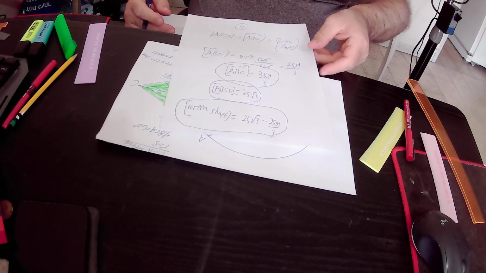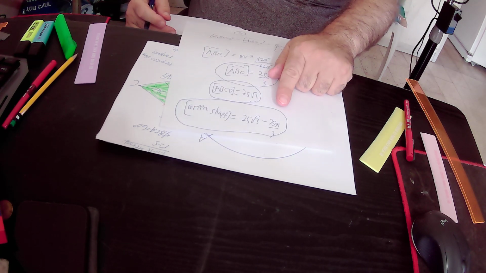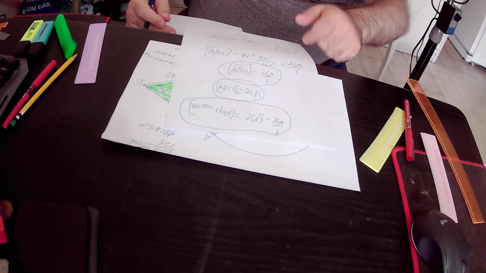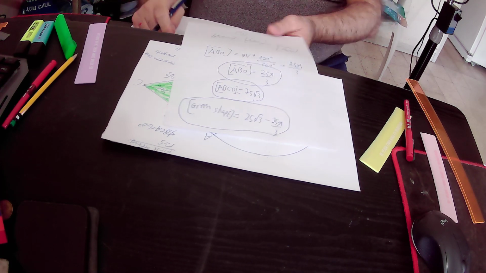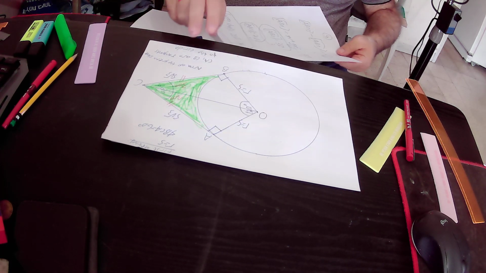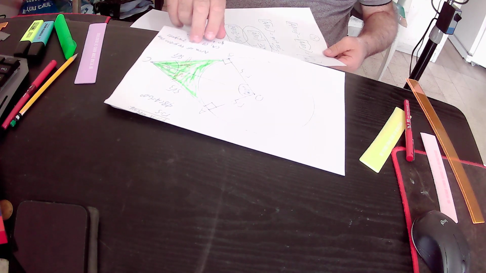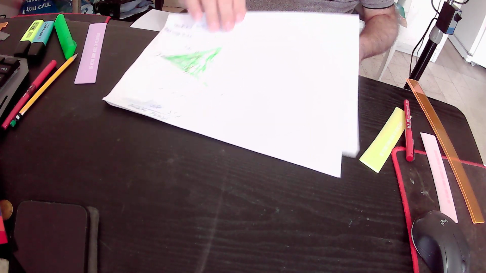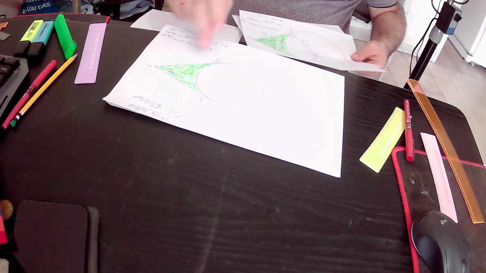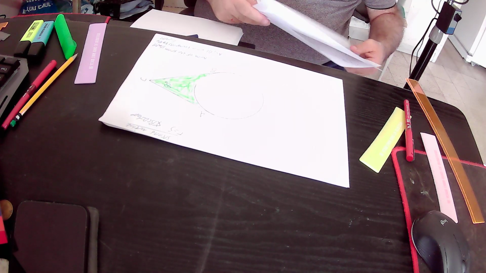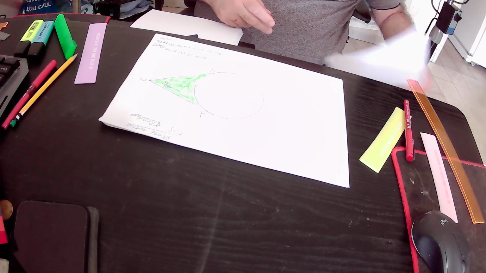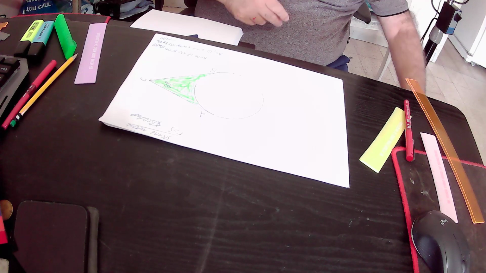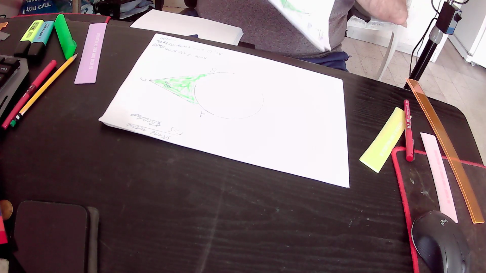Okay, so in the next step we will find the area of this green shape according to a second method.